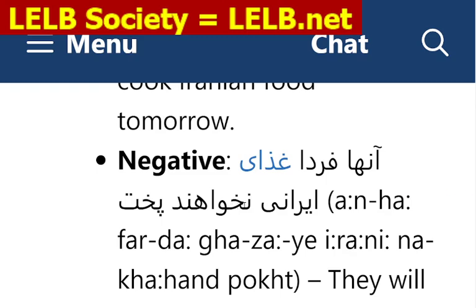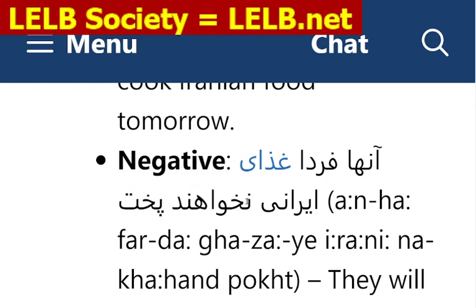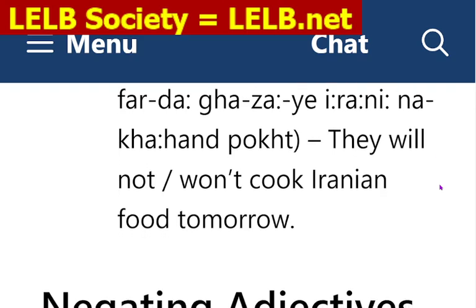So خواهند پخت, will cook. نخواهند پخت, will not cook. Remember, this na, or negator, has been added. They will not, or won't, cook Iranian food or dish tomorrow.